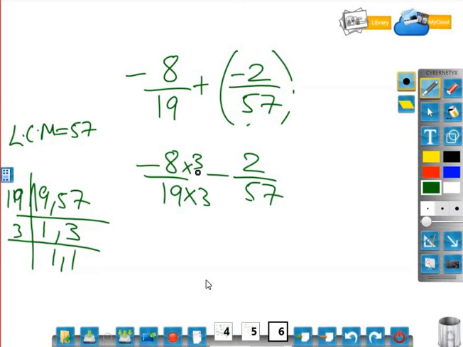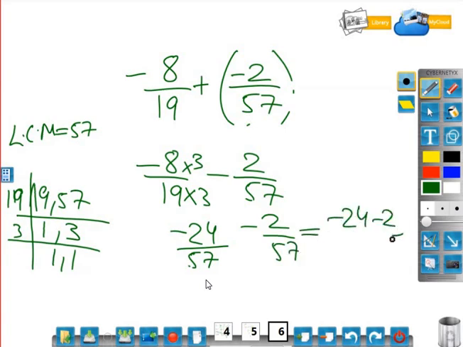So minus 24 upon 57 and minus 2 upon 57. So simply minus 24 minus 2 upon 57, or minus 26 upon 57. So in this way you can find the sum.